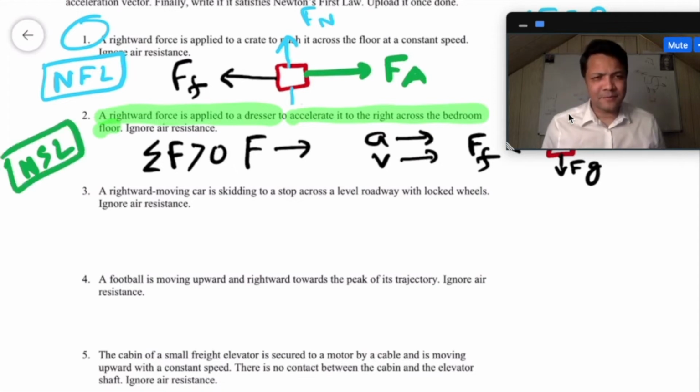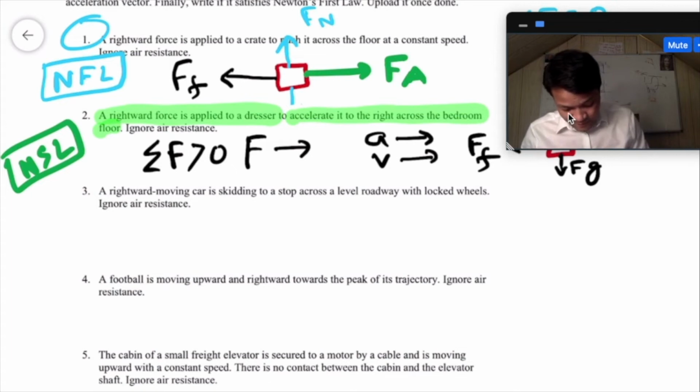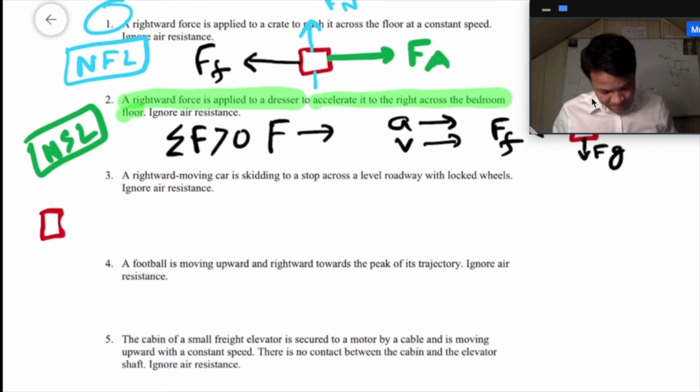Alright, we are done with problem 1 and 2. Now let's do problem 3. Let's read it. A rightward moving car is skidding to stop. Rightward moving car means velocity is to the right.